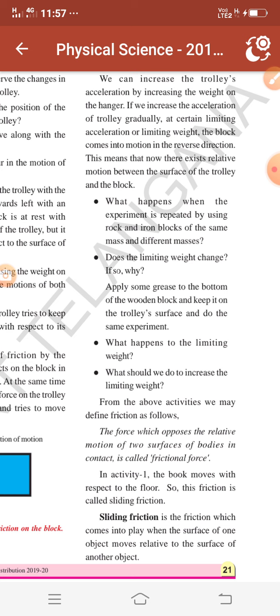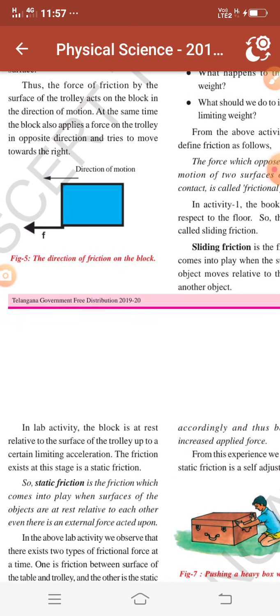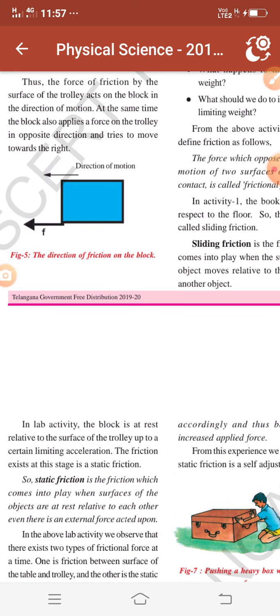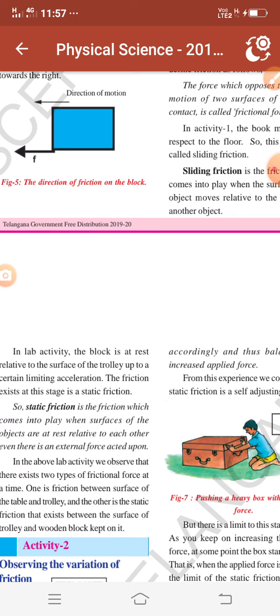In the lab activity, the block is at rest relative to the surface of the trolley up to a certain limiting acceleration. The friction that exists at this stage is called static friction. So, the definition of static friction is the friction which comes into play when the surfaces of the objects are at rest relative to each other.